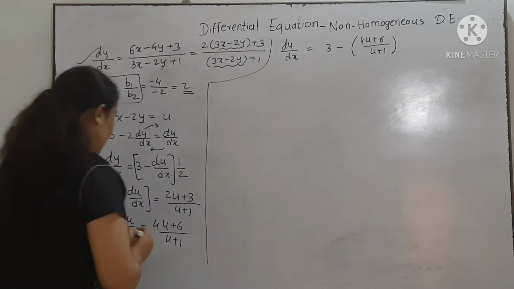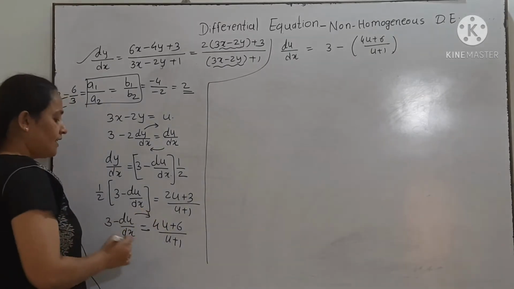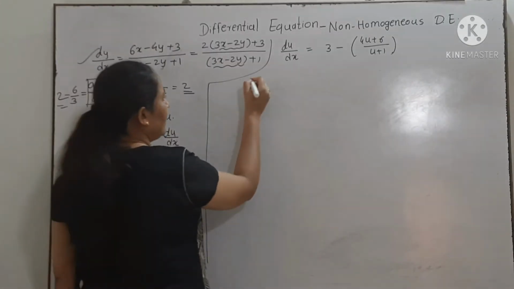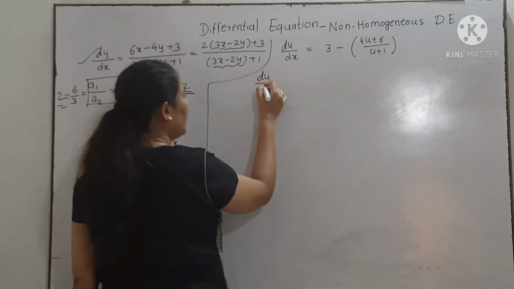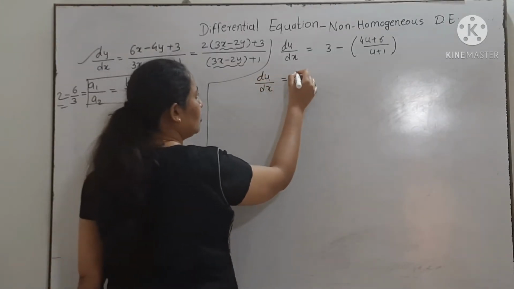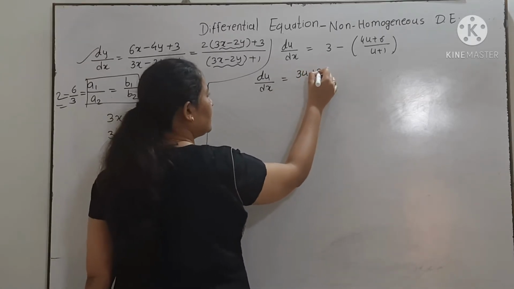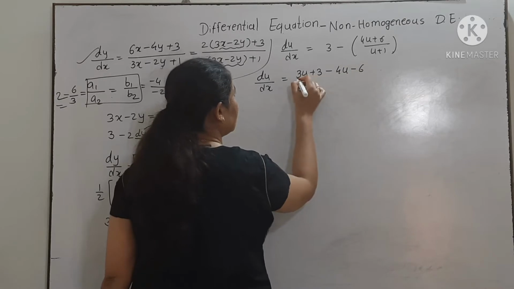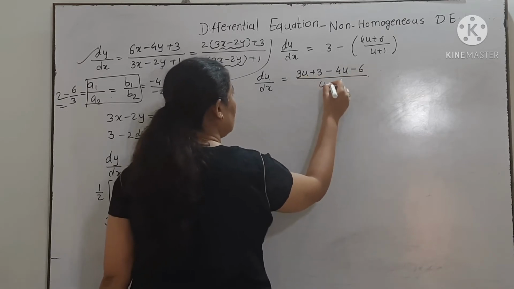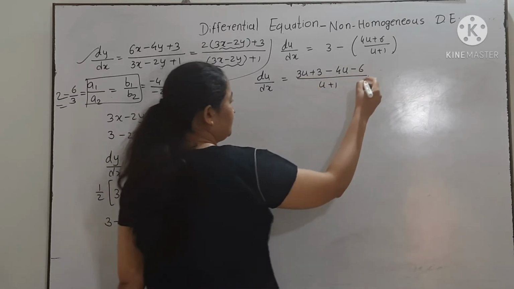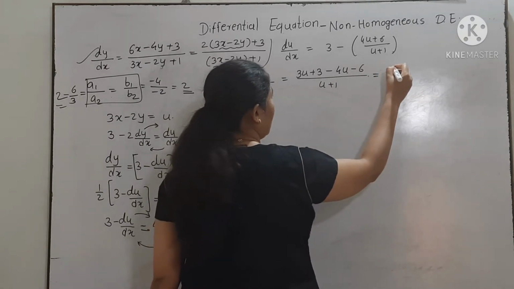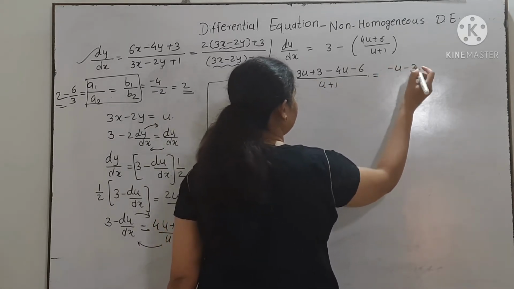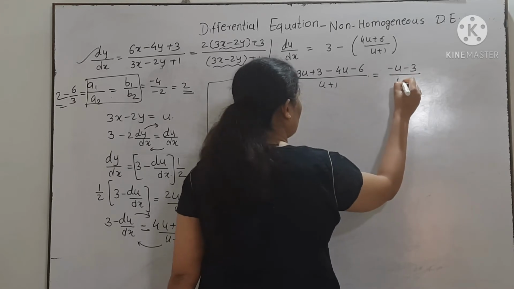What I have done? Transfer this minus to the another side, it will become plus, and this to the left hand side. Now if we will take LCM, du by dx equal to (3u plus 3 minus 4u minus 6) upon (u plus 1). 3u minus 4u is minus u. 3 minus 6, that is minus 3 upon (u plus 1).